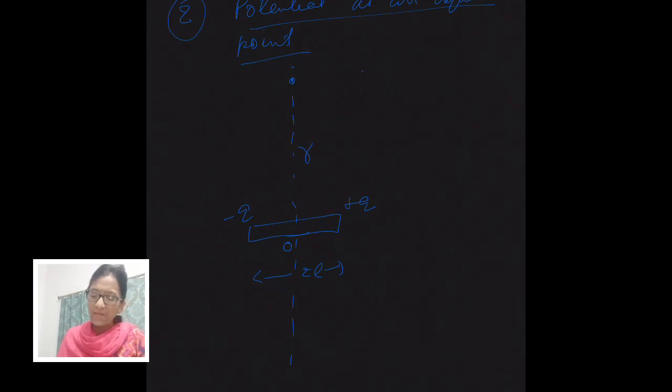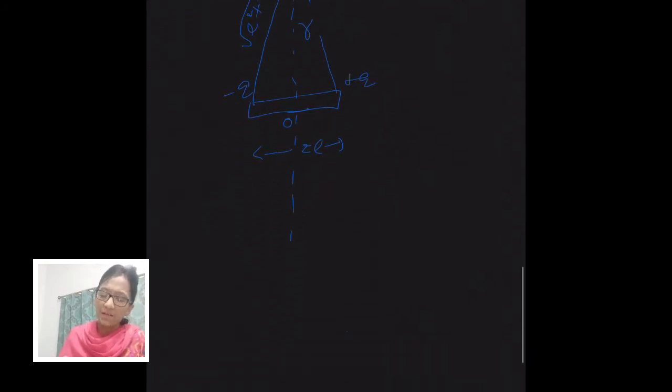Let me write this directed distance, and this is equal to under root L square plus r square, and the same will be this hypotenuse also. So we have a point over here and we have to find electric potential at this very point.